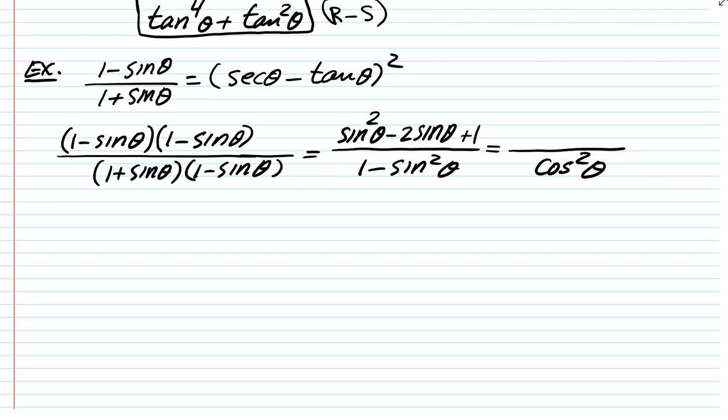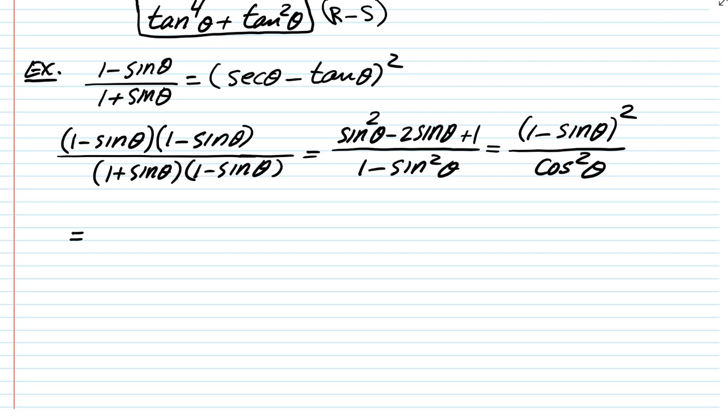Now, the trinomial in the numerator, interestingly enough, we can write as 1 minus sine theta, squared. Or you can write it as sine theta minus 1, squared. It doesn't matter. I like to go with 1 minus sine theta squared because of the way the answer looks.